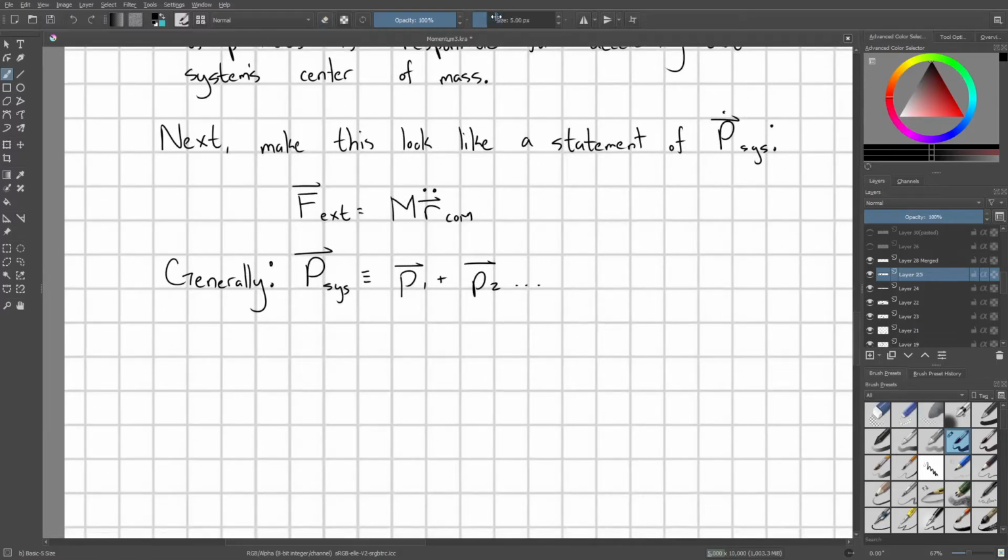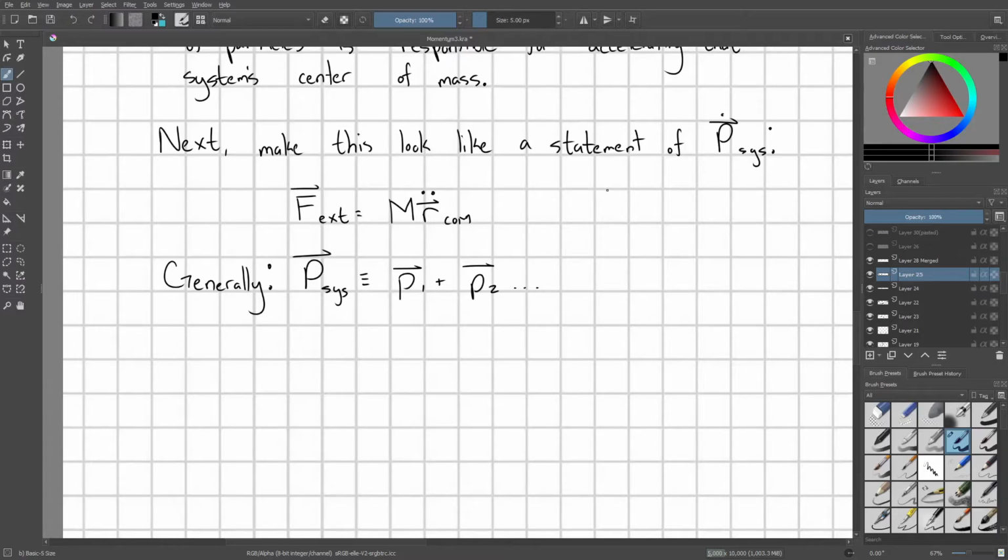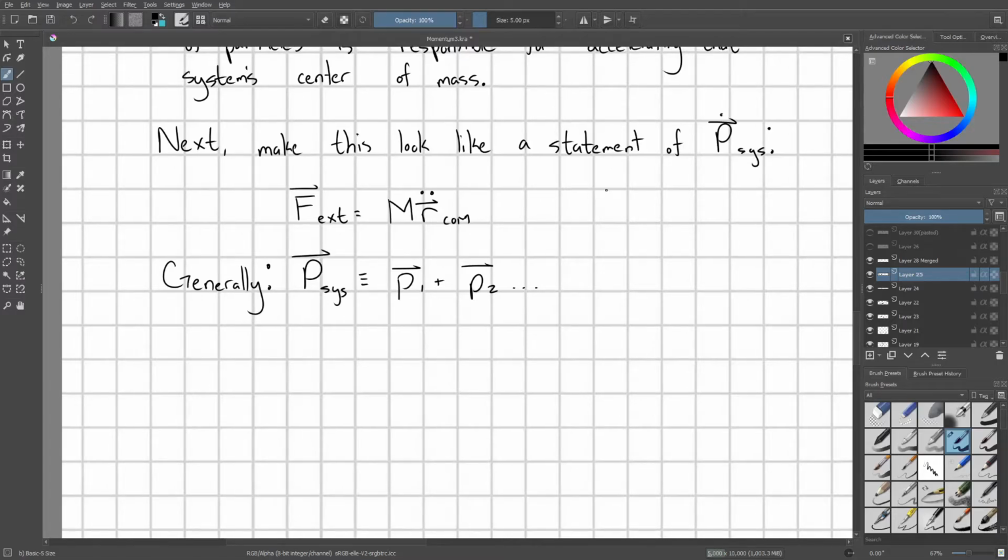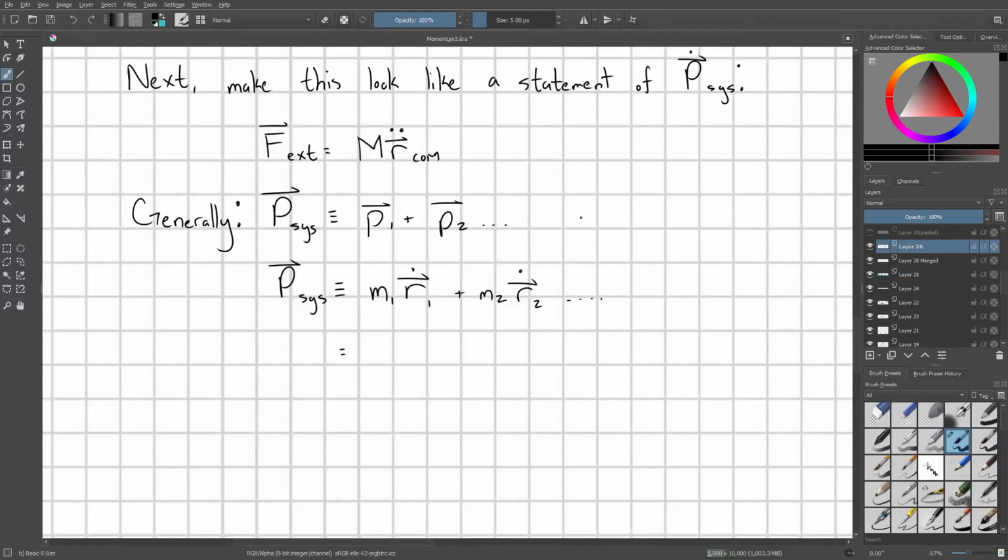So generally, the momentum of my system is defined as just taking the momentum of each particle and adding them all together. So that's just a very basic starting point. Then we can write each of those momentums as follows: m1 times r1 dot plus m2 times r2 dot, and so on. It just keeps summing out.